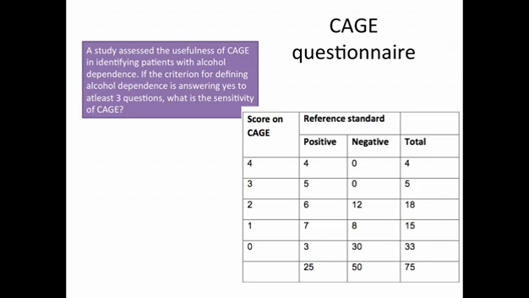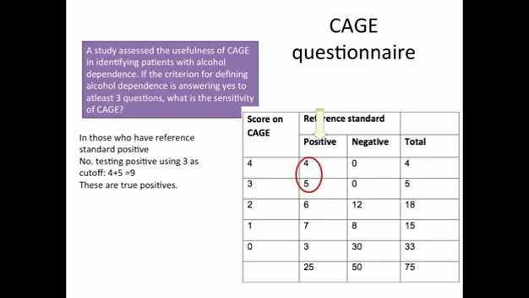Remember, this is not a standard 2x2 table. In those who have reference standard positive, number testing positive using 3 cutoff is 4 plus 5 equal to 9. So these are the true positives. These are people who have the reference standard positive, and they also have CAGE questionnaire test positive if we apply a cutoff of 3.